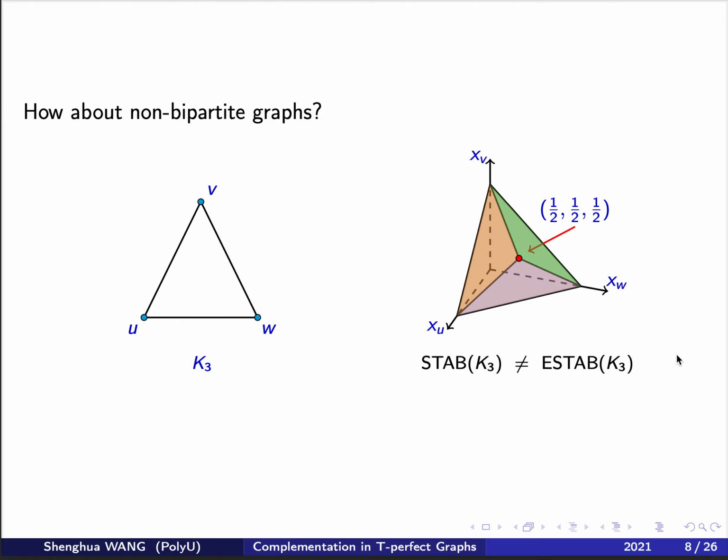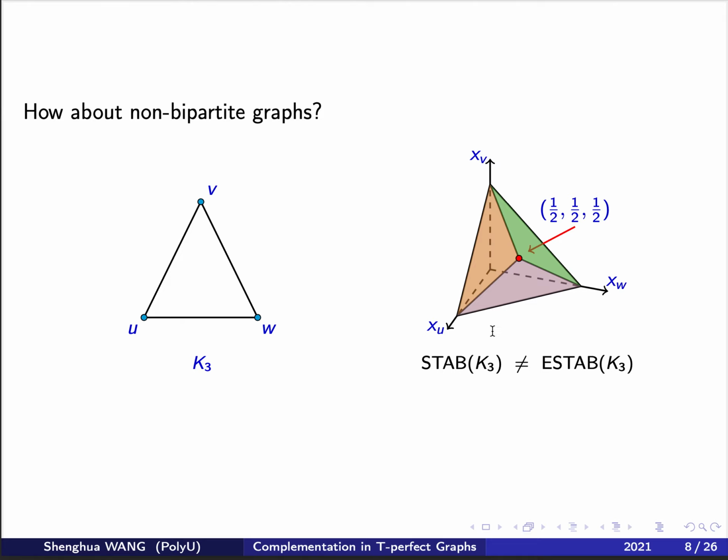Therefore, this vector is in the edge stable set polytope, but if we sum up all the coordinates together, we get a value 3 over 2 that is larger than 1, and we know that for the complete graph with 3 vertices, the independence number is 1. Therefore, this vector is not in the stable set polytope of K3, and these two polytopes are not equal.